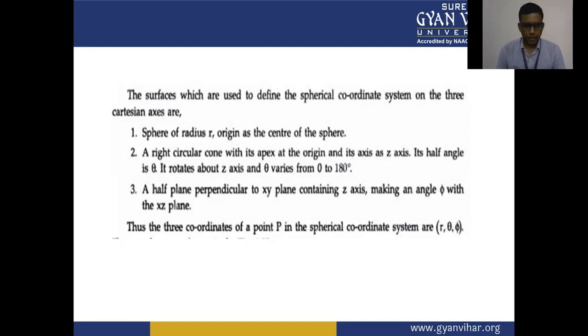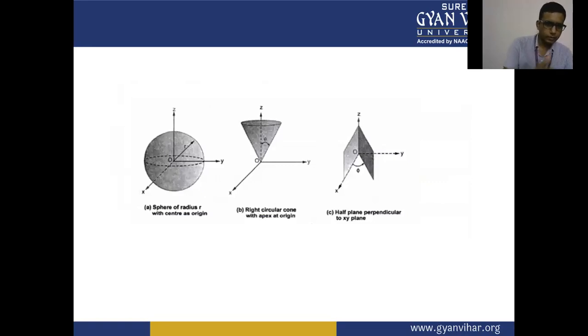The angle phi with the xz plane is the same as in the cylindrical coordinate system. So these three pictures show the three values r, theta, and phi, as a point in the sphere. We can understand from the figure first, a sphere of radius r with the center at the origin.